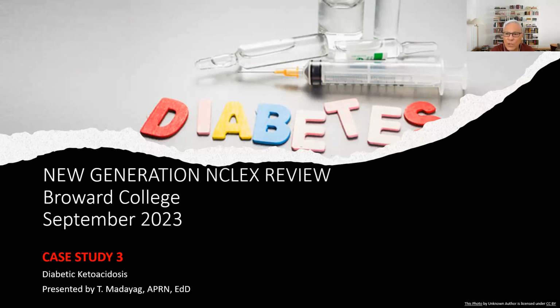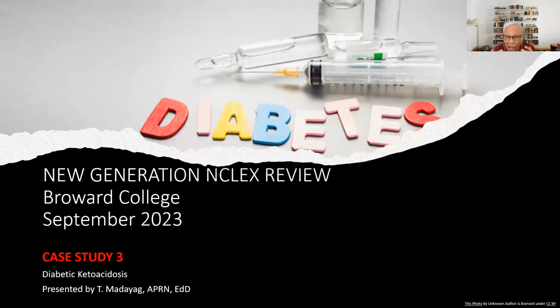Okay, so that was the old paradigm that diabetic ketoacidosis occurs only in type 1 diabetes. It actually occurs in either type 1 or both type 1 and type 2.